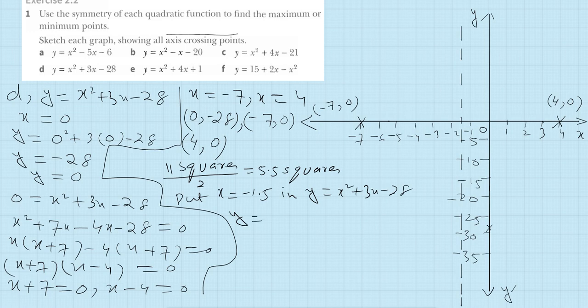So y is equal to minus 1.5 square plus 3 into minus 1.5 minus 28. With the help of a calculator, you will find the value is minus 30.25.